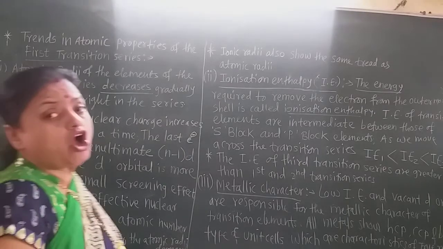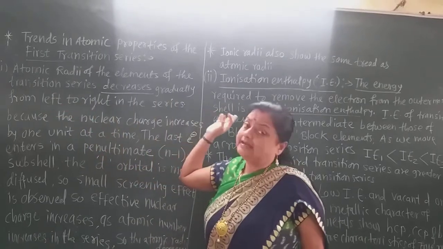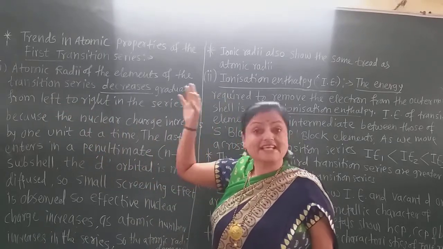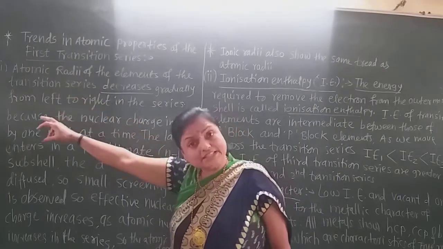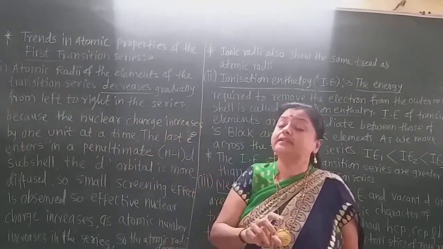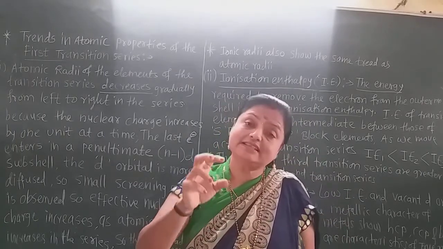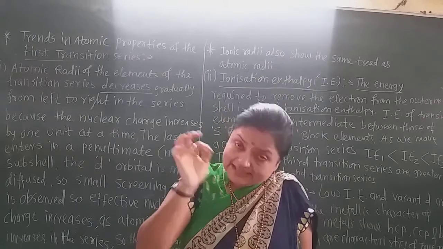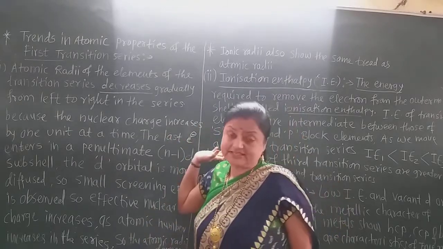So instead of increasing the size from left to right in the periodic table, the size decreases because though the atomic number increases from left to right, the number of shells does not increase. The shell remains the same. Only in that shell, one electron gets added in every element's atom.